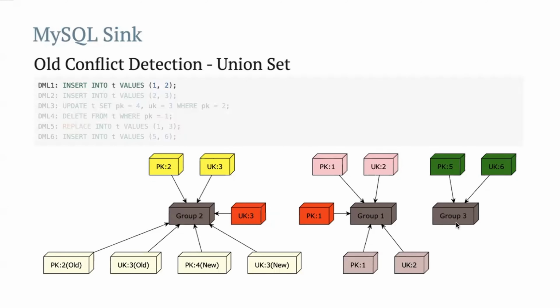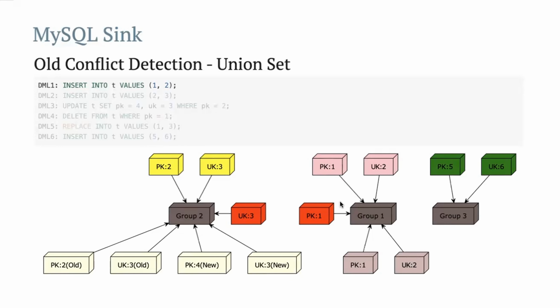But if we consider DML5, it's pretty bad because DML5 also conflicts with group 2 and group 1. So we must wait until group 2 and group 1 have been written to the TiCDC system before we can write DML5. Actually, this is a significant problem.